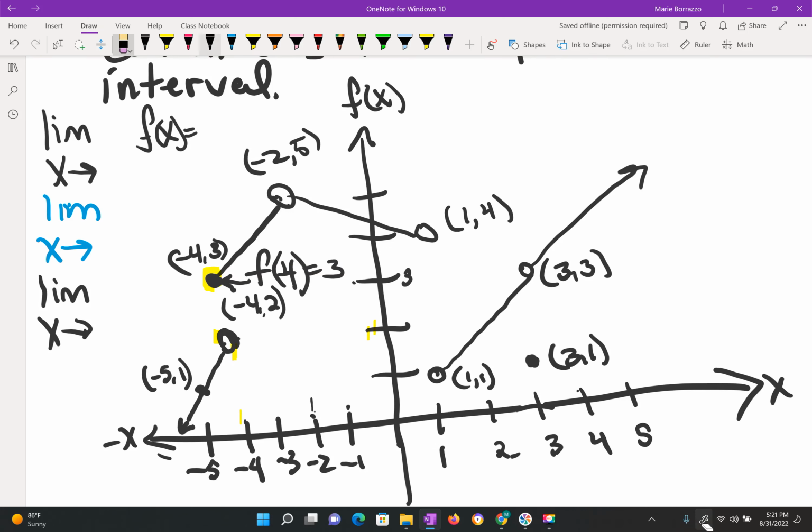All right, so let's take a look at x equals -2. So the first one is this one here. We're going to look at the limit as x approaches -2 from the left. So we're coming to -2 from the left. If I'm coming up to -2 from the left, what is my y value? 5.